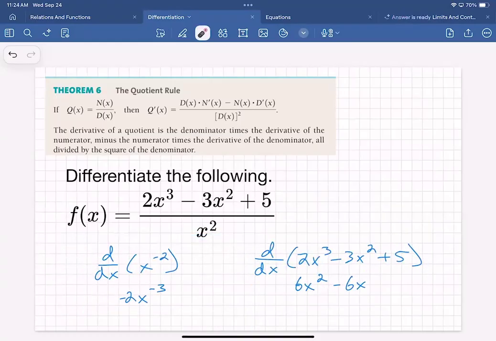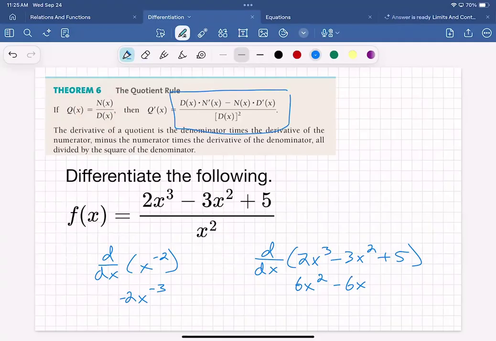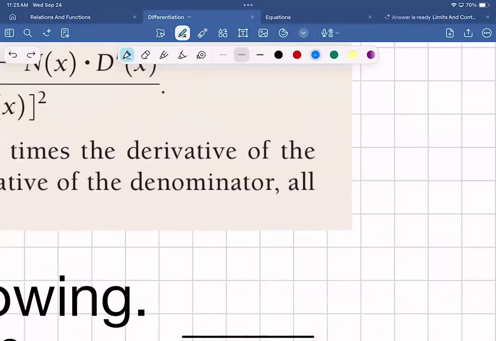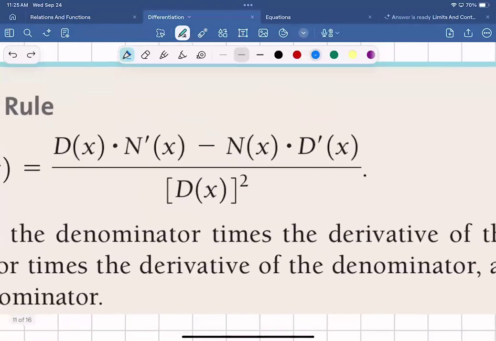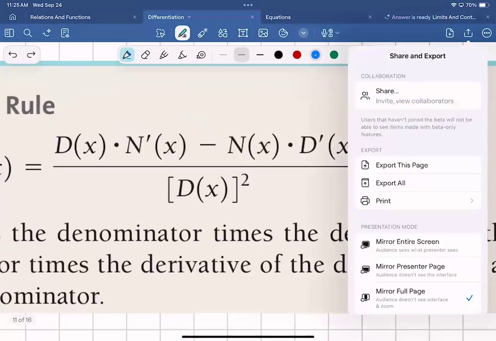What you'll see here, though, they use n of x and d of x to say numerator, denominator. Now, as far as getting the derivative, as you can see here, we're going to keep it as a fraction now, and we're going to go through these steps. What I hope that you see, though, is that the numerator is not completely different from what we just looked at, where we're going to take one thing and multiply it with another.